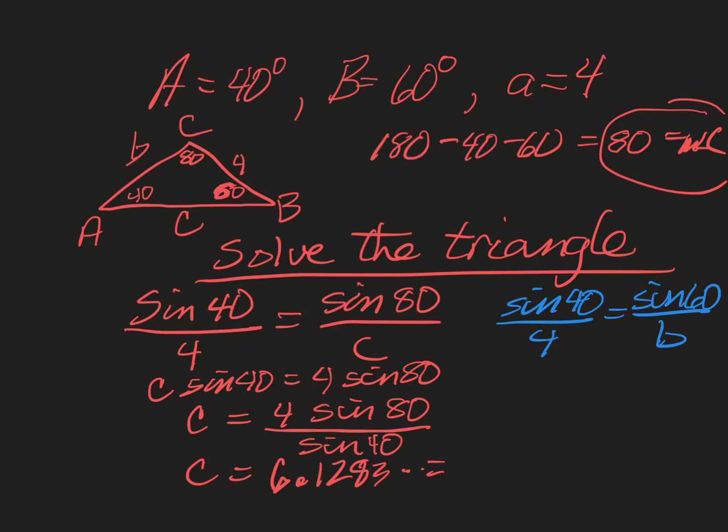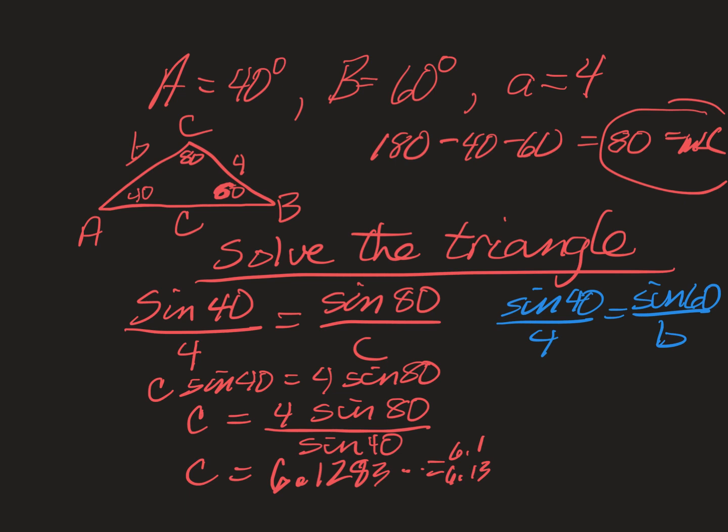So they're going to tell you to round it off to either the nearest tenth or the nearest hundredth. So your answer will be 6.1 or 6.13, depending upon what you were asked to round to. Okay? Either one. So make sure you do that. All right, let's go and do the next one.